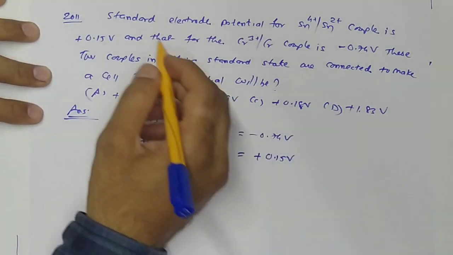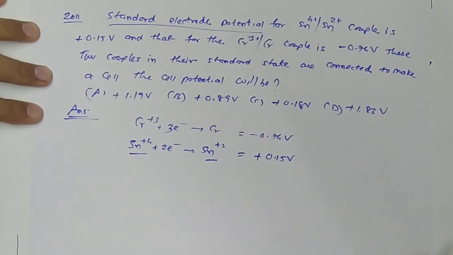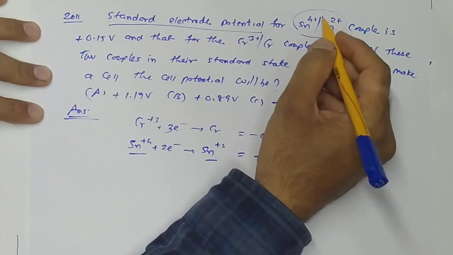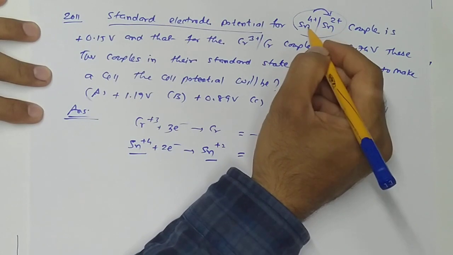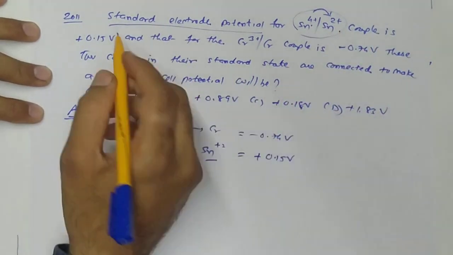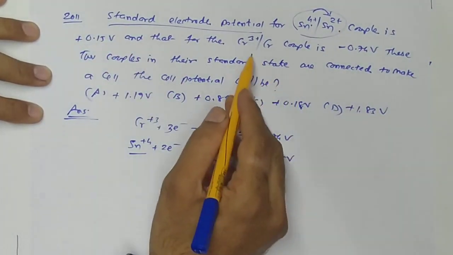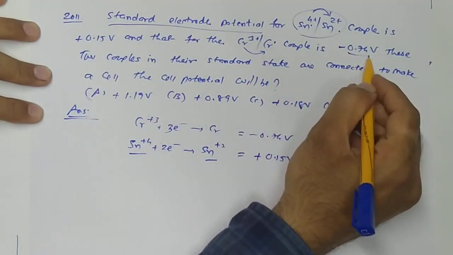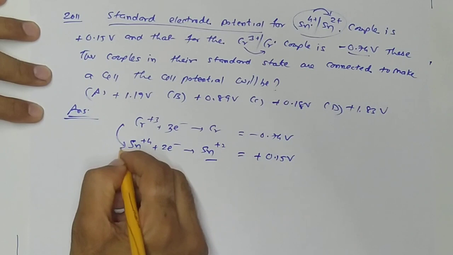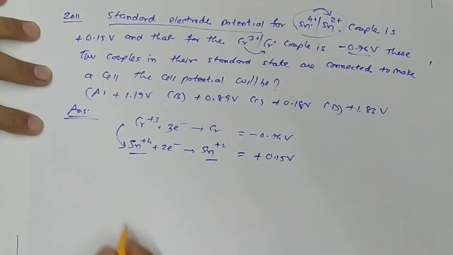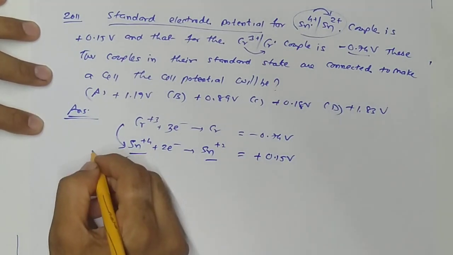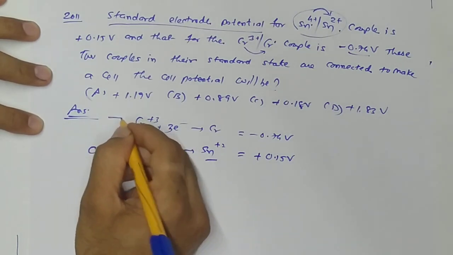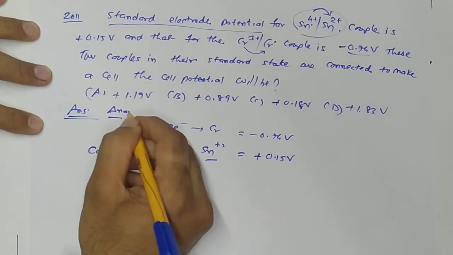Always, when a potential is given and not indicated otherwise, it should be taken as reduction potential. Sn+4 into Sn+2 is reduction, so reduction potential. Cr+3 into Cr is reduction, so reduction potential. Which one has the higher potential? Sn+4, so it should be the cathode, and this one should be the anode.